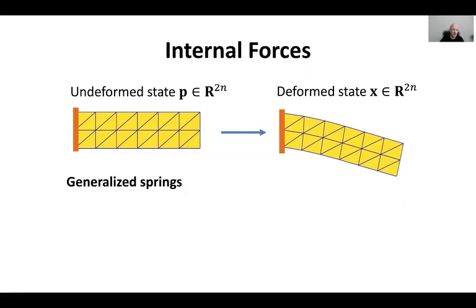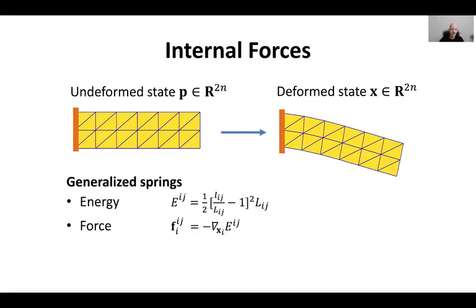And for that reason, we're using something simple, generalized springs, where for each edge in this mesh here, we would set up an energy term that penalizes the difference between the current length, Lij, compared to the initial length, capital Lij. And then from that, we get the elastic forces that act on the nodes of the springs just by computing the negative gradient of that potential energy.